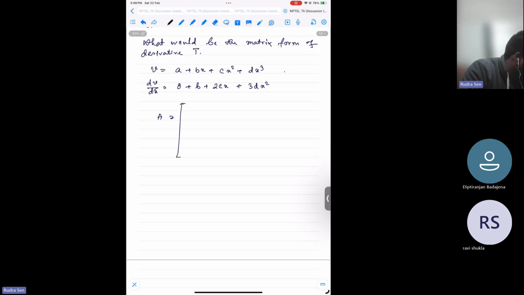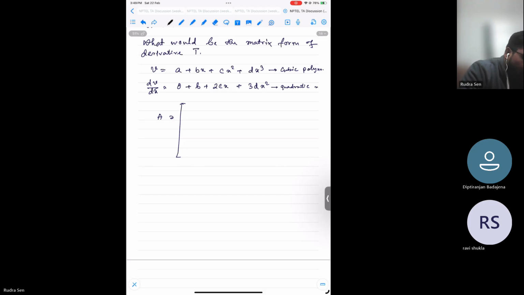It is something like, since here you can see there is a cubic polynomial and this is a quadratic polynomial, right?